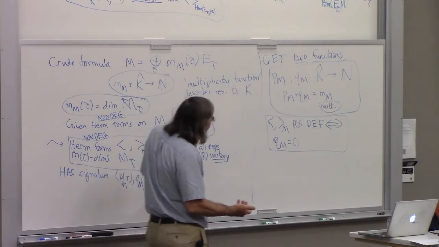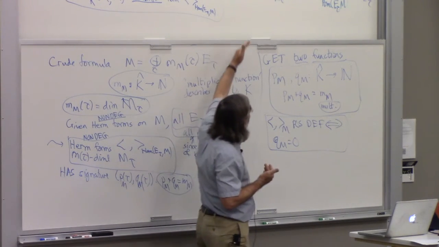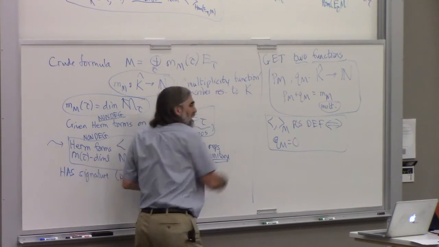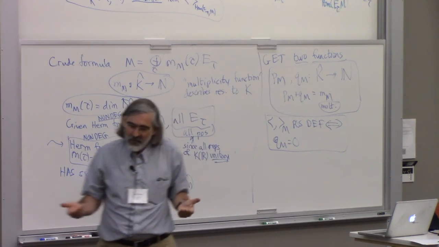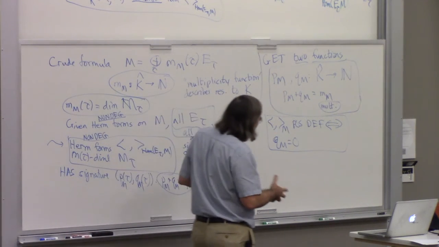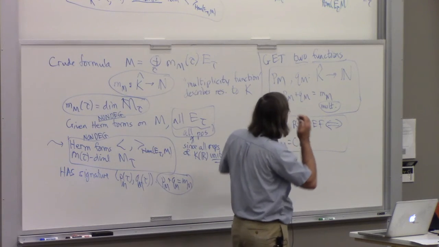But we have this big subgroup K, which is more or less acting unitarily, and we can sort of divide by that.